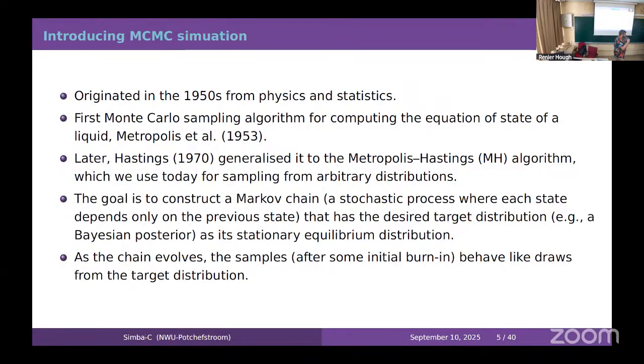But the main goal of these is to construct a chain, basically a stochastic process where each state, the current one, is only dependent on the previous state in the algorithm. It doesn't care about anything else in the entire space. And then as the chain evolves, as it keeps moving forward, it starts to mimic a specific target distribution.